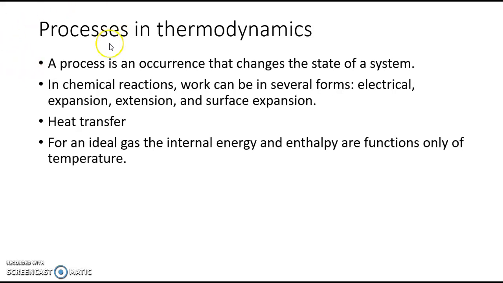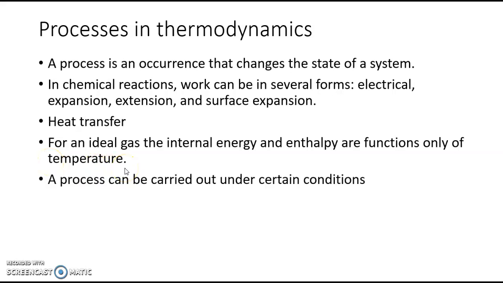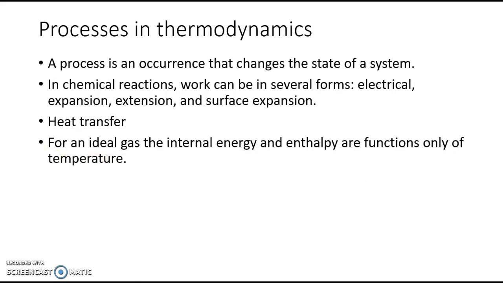At this point, we need to remember that the internal energy and enthalpy for an ideal gas is a function of temperature only. That is not the same for a real gas.